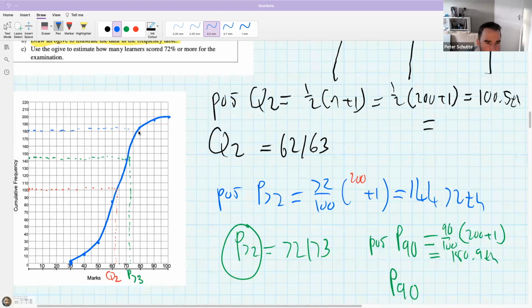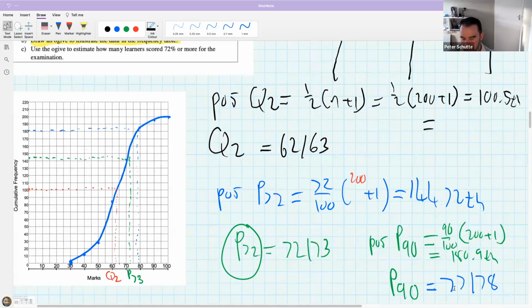And the value of the 90th percentile is going to be about 77, 78.